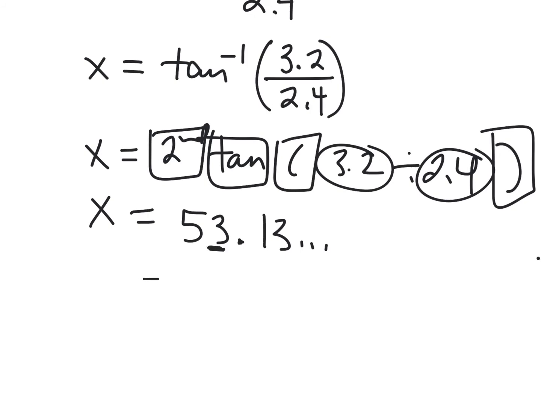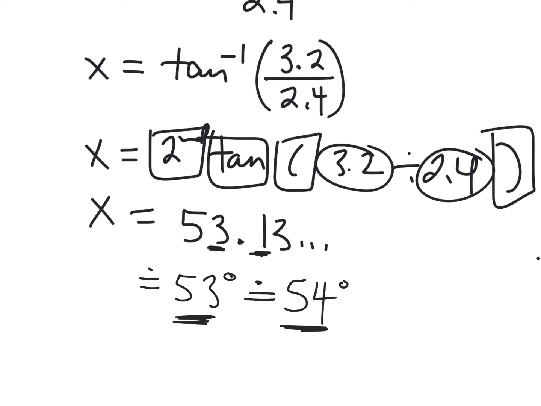So if we round off to the whole number, this is 53 degrees. But because they want it every 2 degrees, rounded to the nearest 2 degrees, if we round it off to the whole, it would be 53. If we round it off to the nearest 2 degrees, then it's above 3, so it's closer to 4. So that's every 2 degrees.